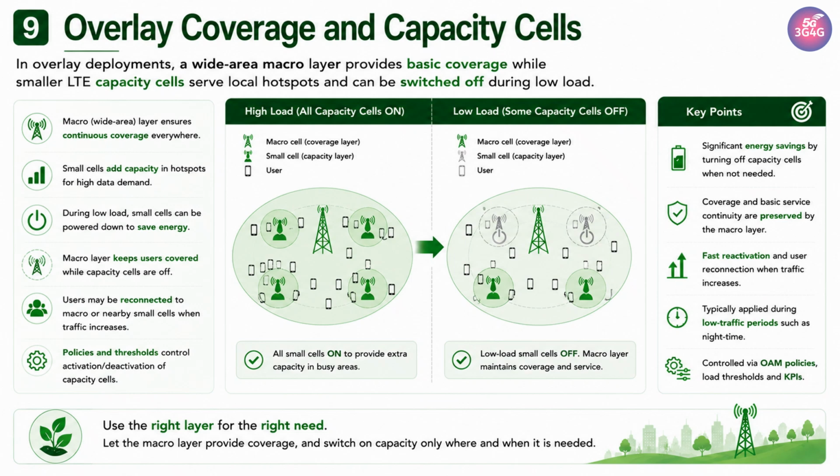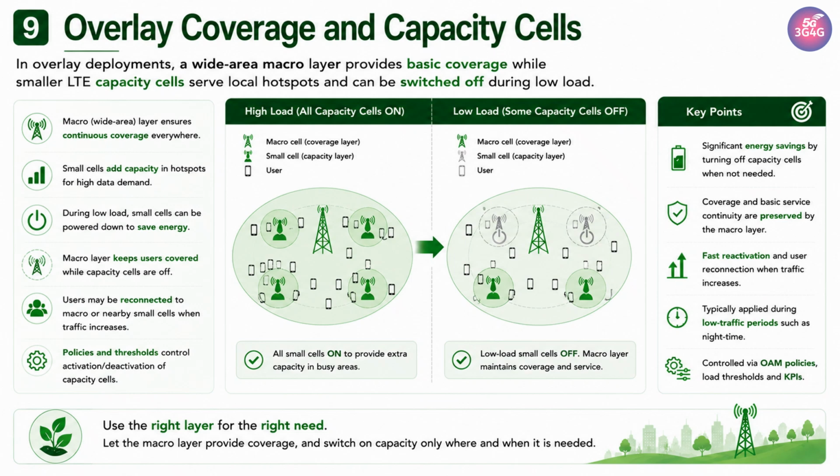So the LTE energy saving idea is to switch off the smaller capacity cells when demand is low, while the macro layer continues to provide coverage and basic service. This approach is attractive because it separates coverage from capacity. The macro layer remains available so users stay connected and reachable.